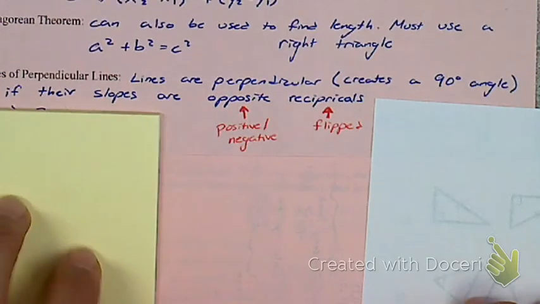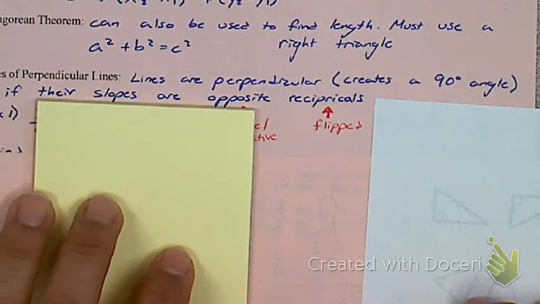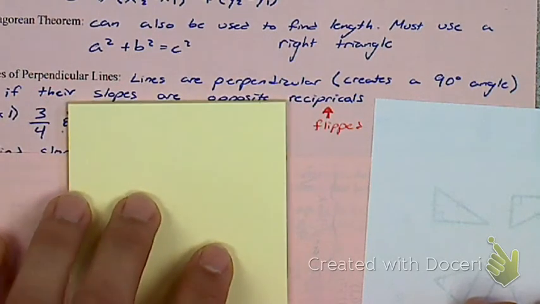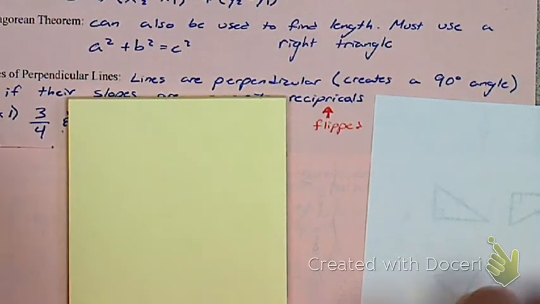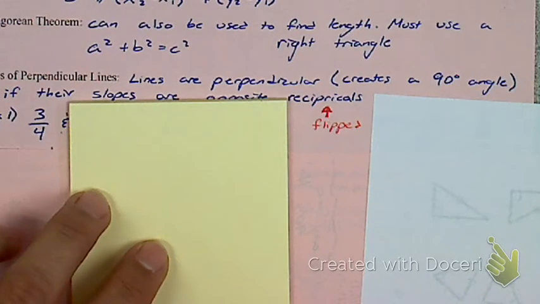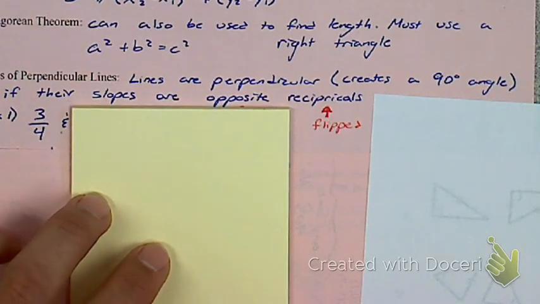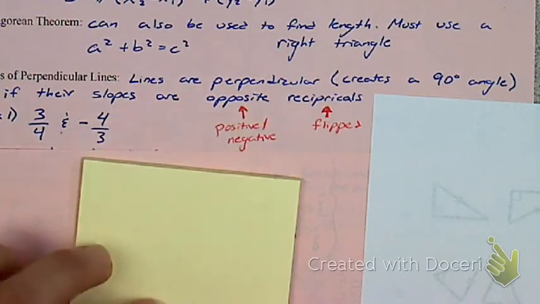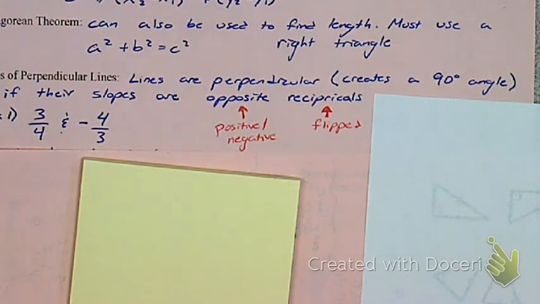So, a little example. If I said that one was 3/4, what would the other one be? Not just 4/3. Negative 4/3. It has to have the negative sign. If one's positive, one's negative, because they're flipped and they have opposite signs.